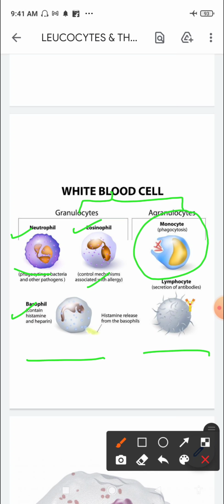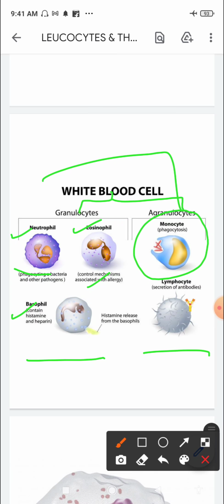Basically, the white blood cells are the soldiers of our body, because they protect our body from our enemies, and our enemies are the various microorganisms that may cause diseases, right? So WBCs are the soldiers of our body.